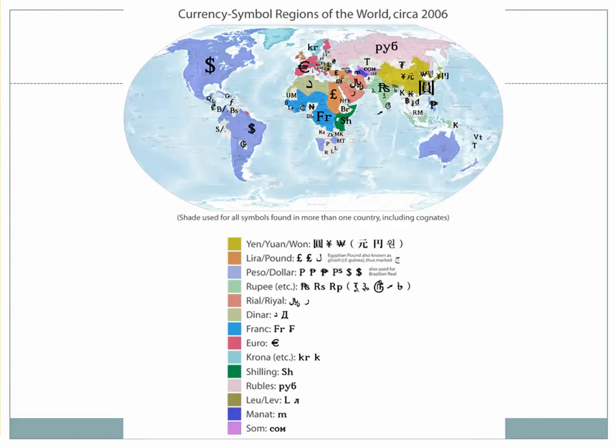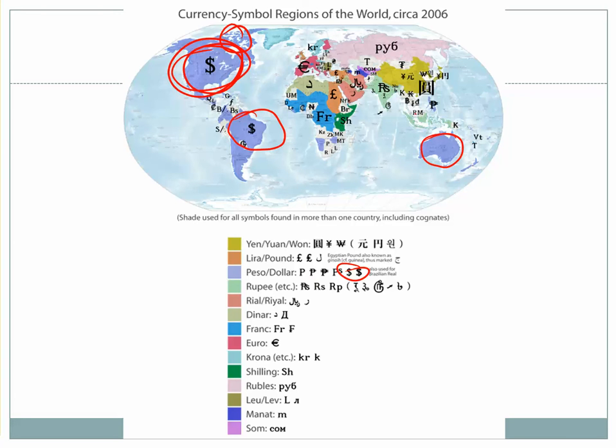Now, if we look at currencies around the world and just look at symbols, we know the US dollar uses this dollar sign, right? The S with a line through it. And the Brazilian real also uses that dollar sign, and the Canadian dollar uses that dollar sign, and the Aussie dollar uses that dollar sign. So there's a lot of currencies that use dollar signs.